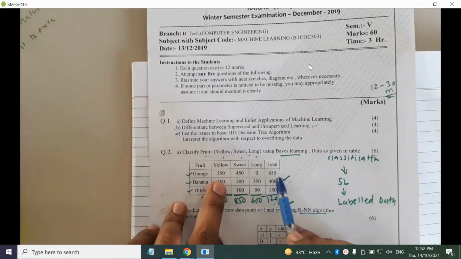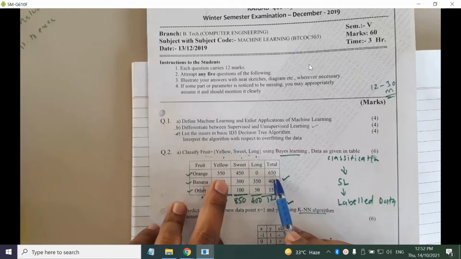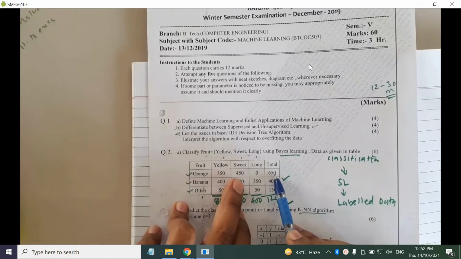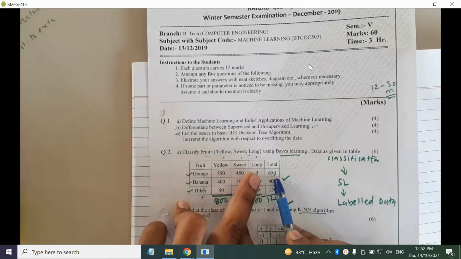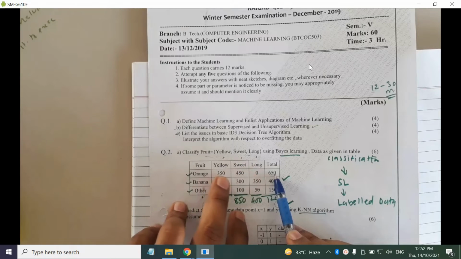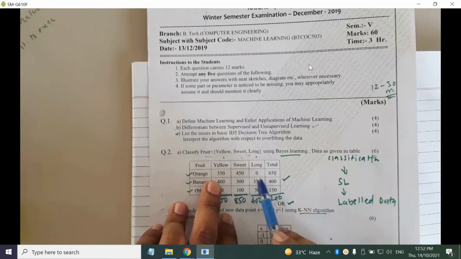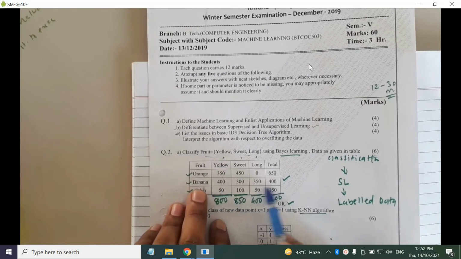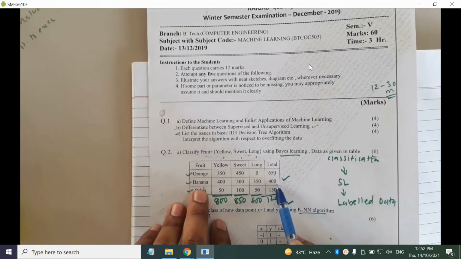Out of these 650, 350 oranges are yellow. Then out of the 650 oranges, 450 are sweet and none are long. Did you get the significance of this figure? Then regarding banana, the total is 400.